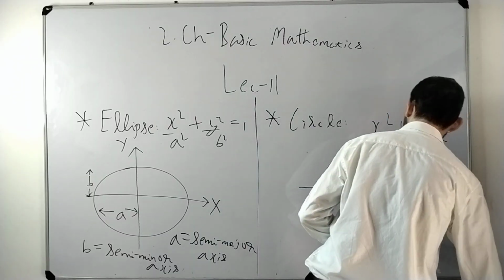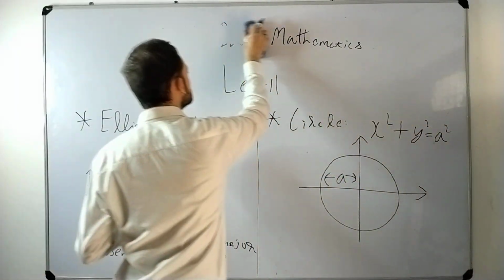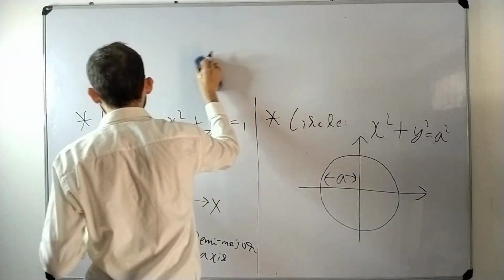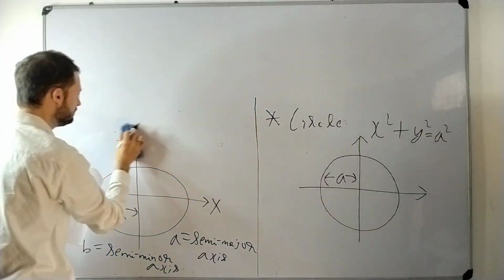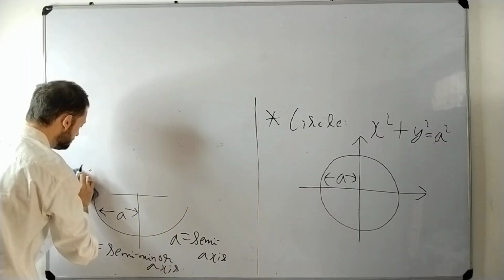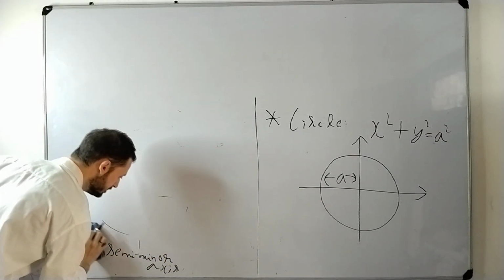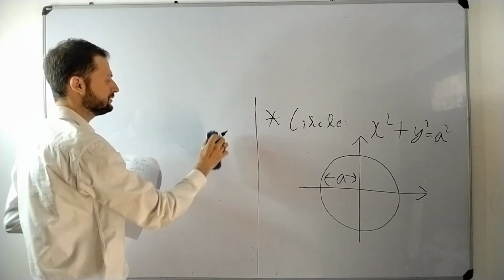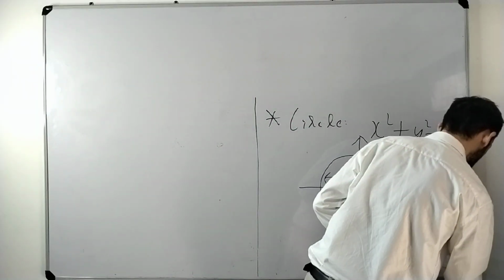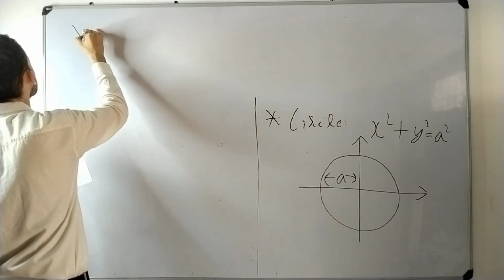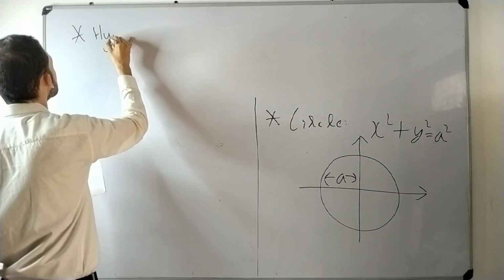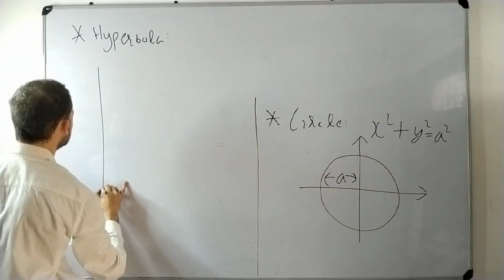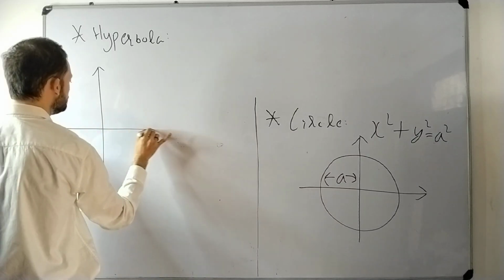Now hyperbola. In this lecture, I will discuss only representation equations, not the general equation of circle, of ellipse and everything. Just the representation equation. Hyperbola happens to form in two ways.